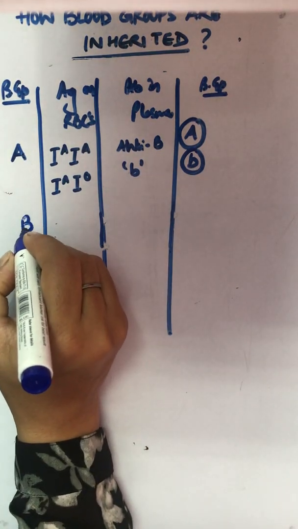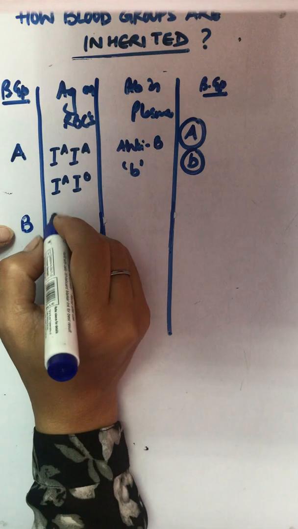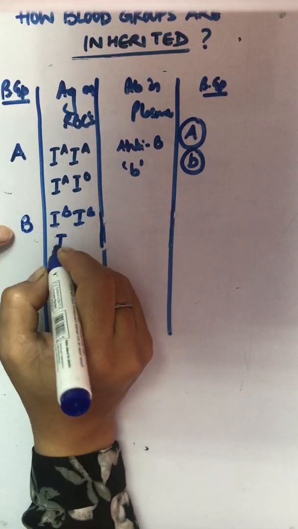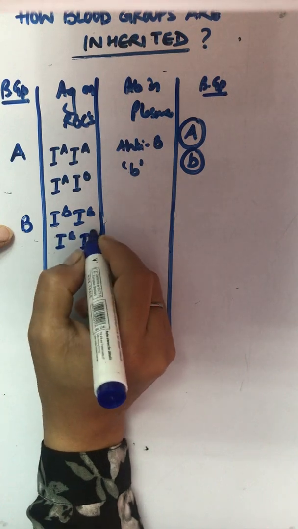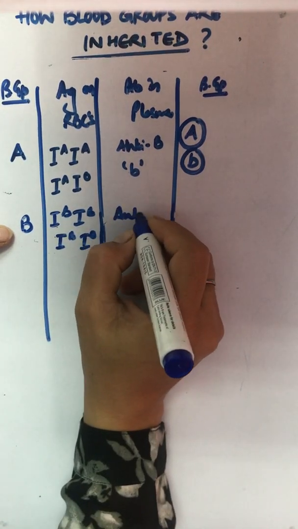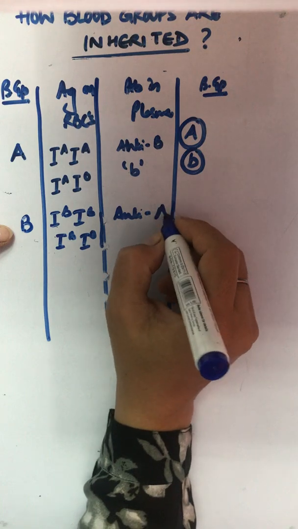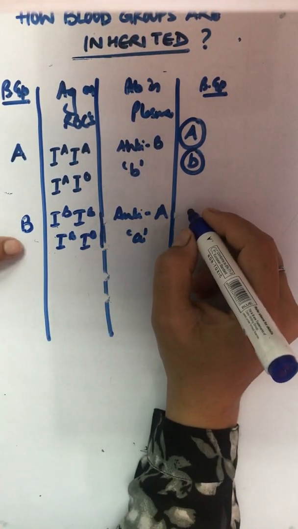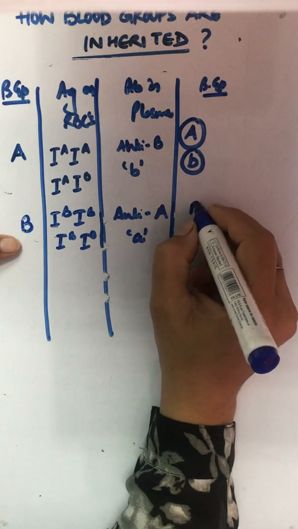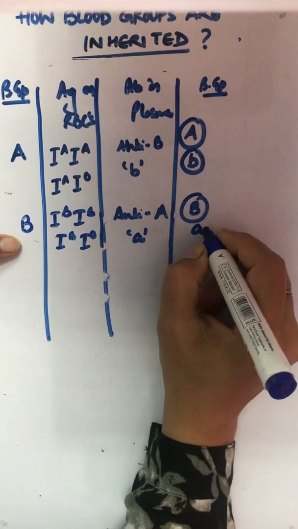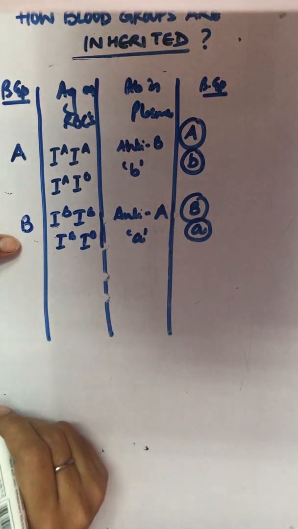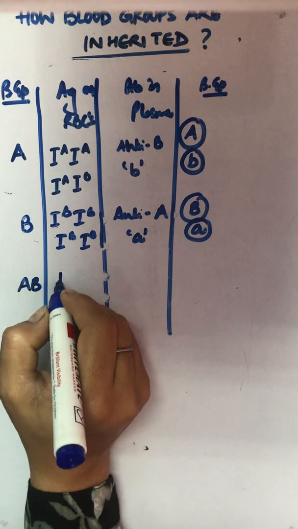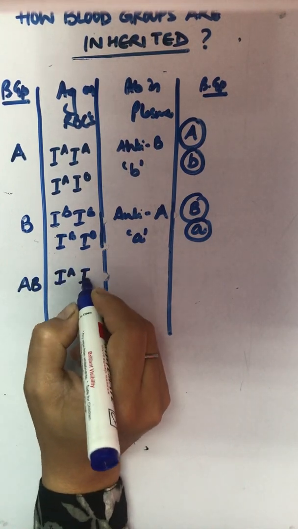Same way, when we are talking about B, it has IBIB, IBIO, and anti-A or small a. So this means this blood group B has an antibody A in its plasma. Then AB, IAIB.